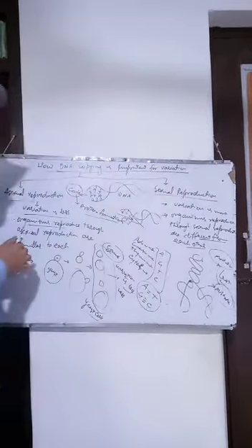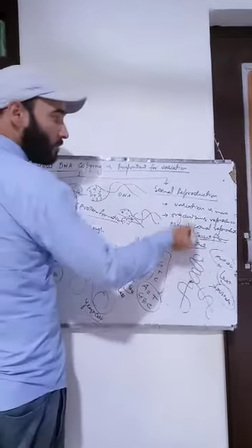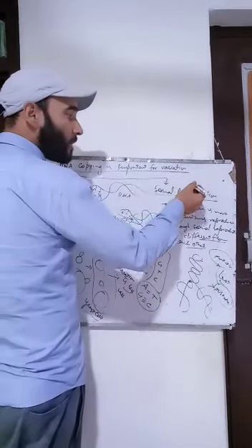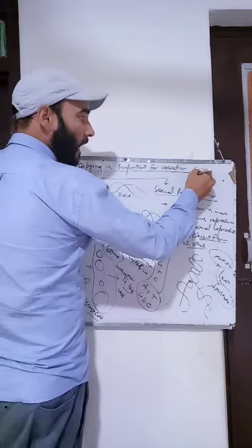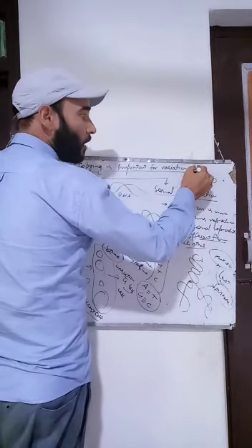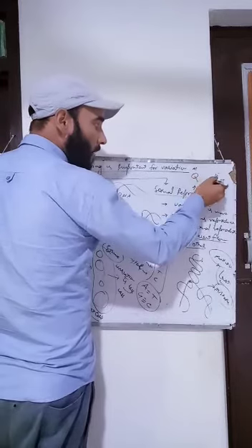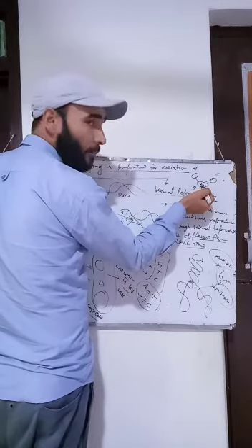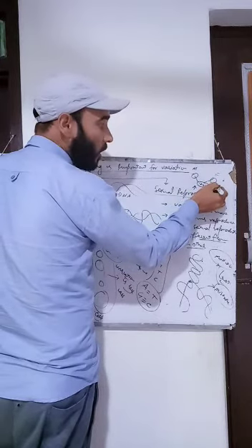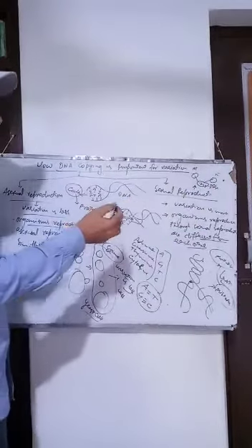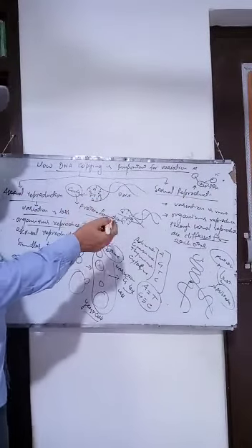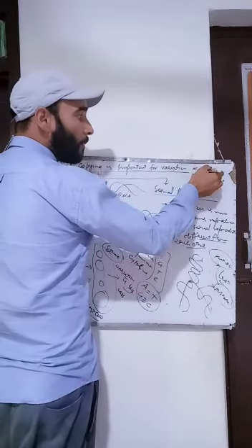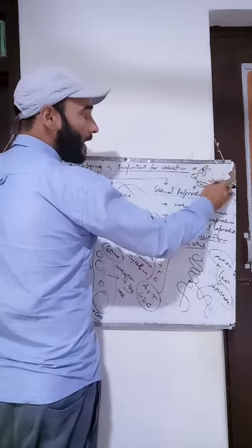What happens in living organisms which reproduce sexually? In sexual reproduction, two types of genetic material combine from mother and father. When they combine, they form the zygote. That means two types of genetic information are present in the offspring. Before that, the sex cells are formed by a mechanism known as crossover.